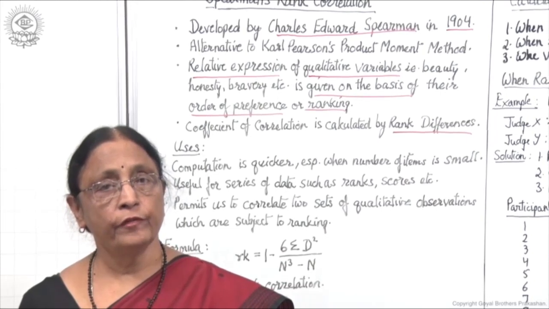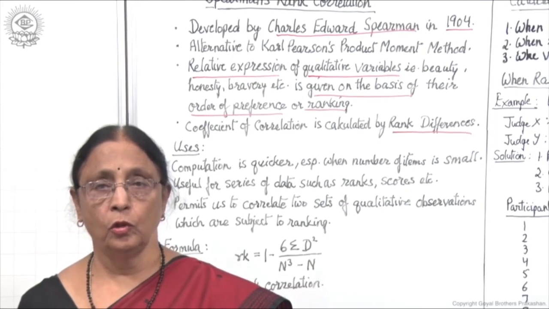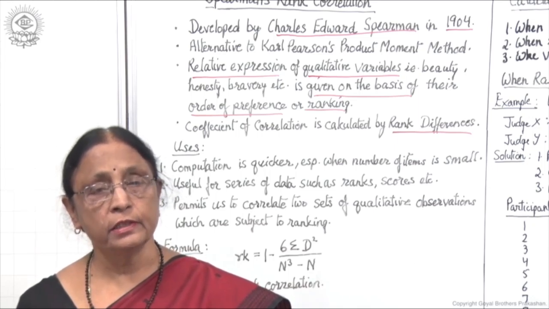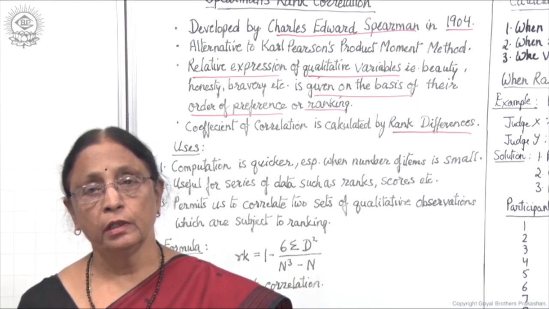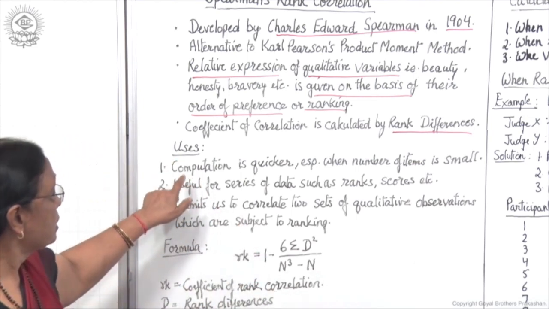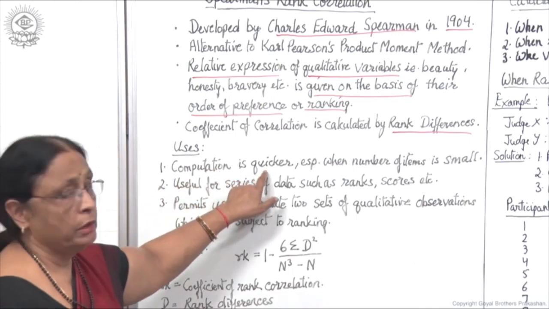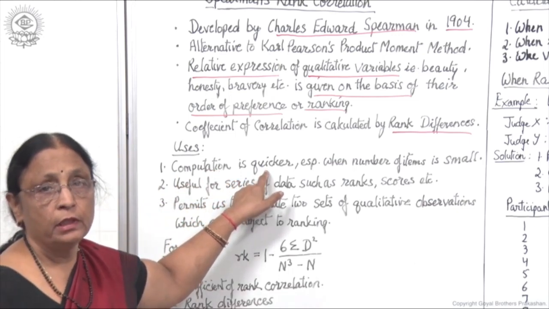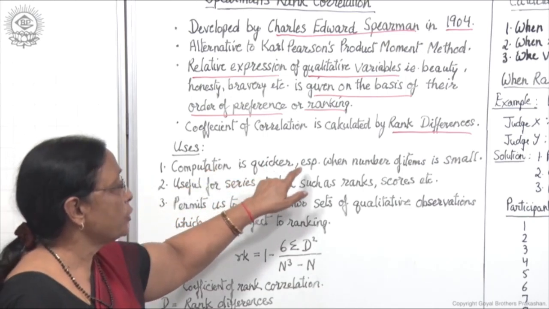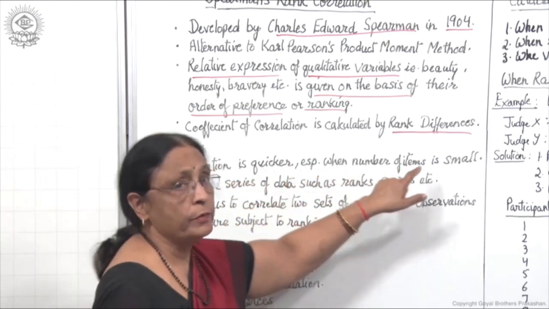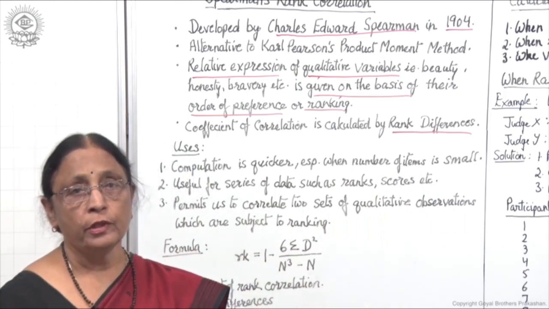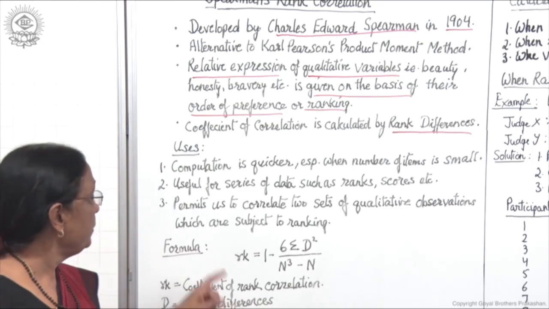Normally if the number of observations is big or quite large, then in that case this method cannot be used. So the first use is that computation is quicker because this is a very simple method, easy to calculate. So computation is quicker, especially when the number of items is small, right? This is one use of Spearman's rank correlation.